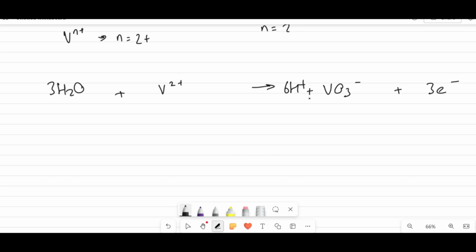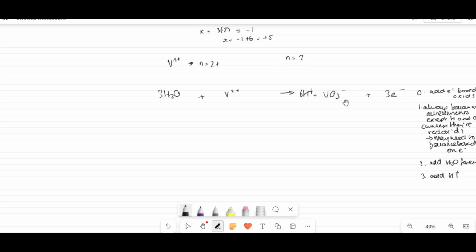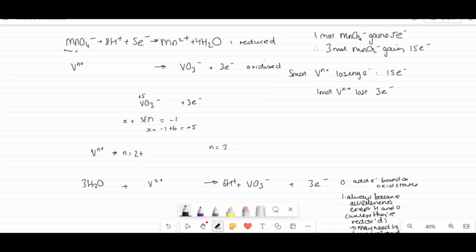Now they want an overall equation for the whole thing. Just combine the two together as you would. So we've got MnO4 minus this and that, and we've got this. In order to combine these, we need to times that one by 3 to get 15 electrons, and then times this one by 5 to get you 15 electrons.